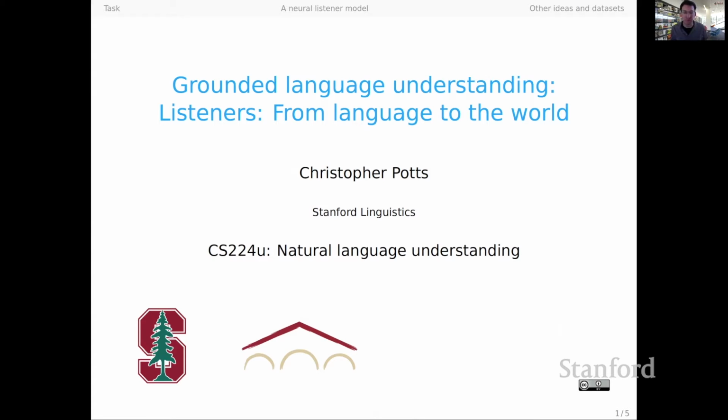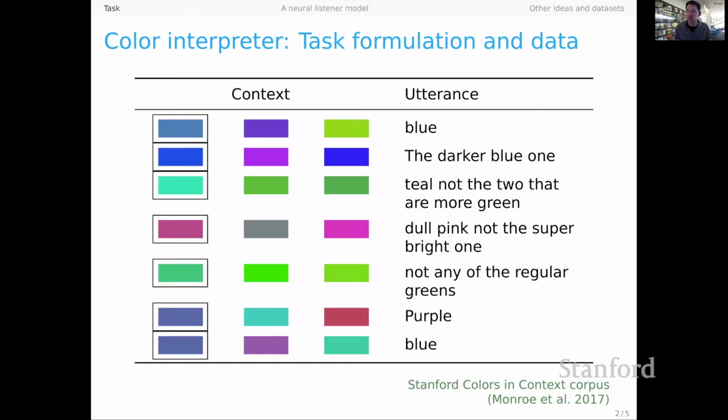Now, to make the speaker task meaningful, we need to complicate our previous task a little bit. In part 2, we had for the speaker just a single color as input, and their task was to produce a description on that basis. For this unit, we're going to move to a more complicated task, and this is the task that's our focus for the entire unit. It comes from the Stanford Colors in Context corpus.